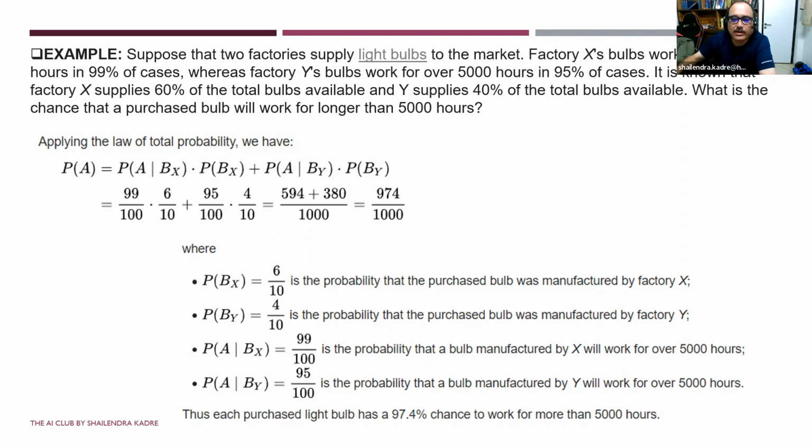First of all, this is again like a dependent event.